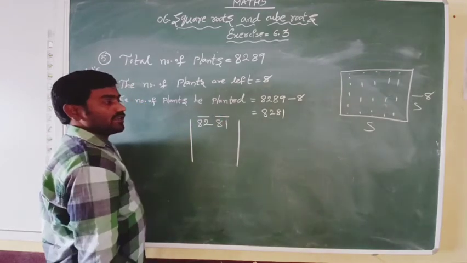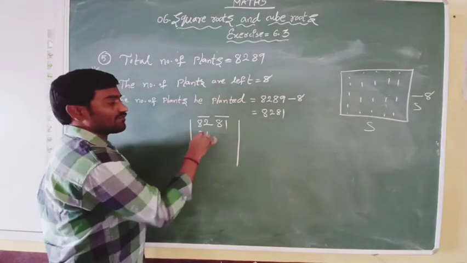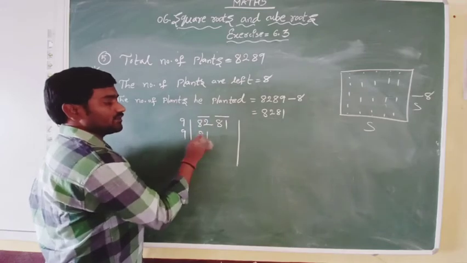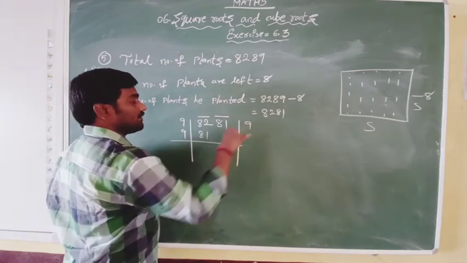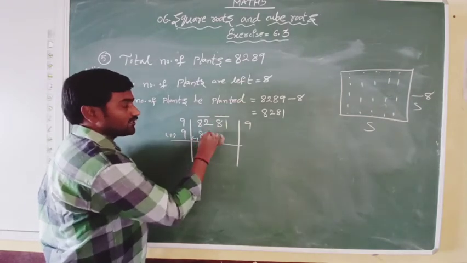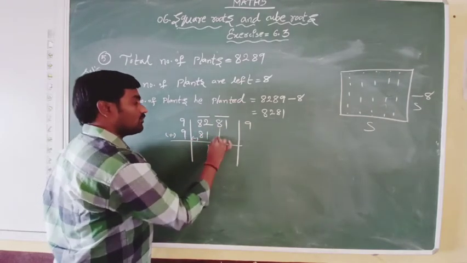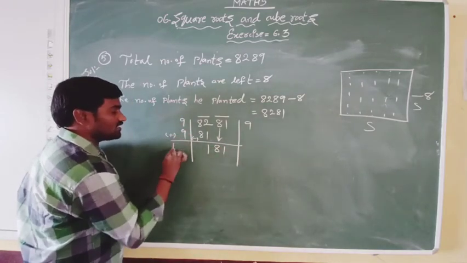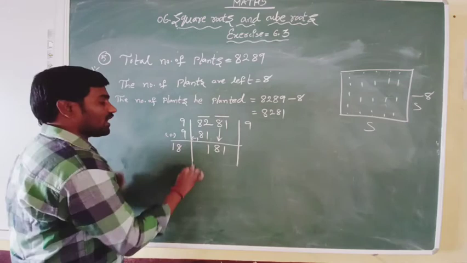Here we can divide in this way. We know that 81 is a perfect square number that we get by 9 into 9. 9 nines are 81. So the same 9 I will write here. I will add it here and go for subtraction. 82 minus 81 is 1. I will bring down this 81 again. 9 plus 9 is 18. Again what do I have to take here?